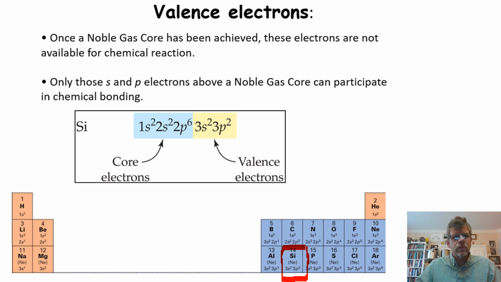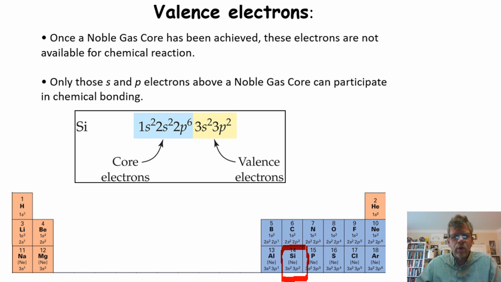So what we would ultimately get here is this piece right here: 1s2, 2s2, 2p6, 3s2, 3p2. And again, if we look down at the periodic table here, we can use it to assist us in getting there.